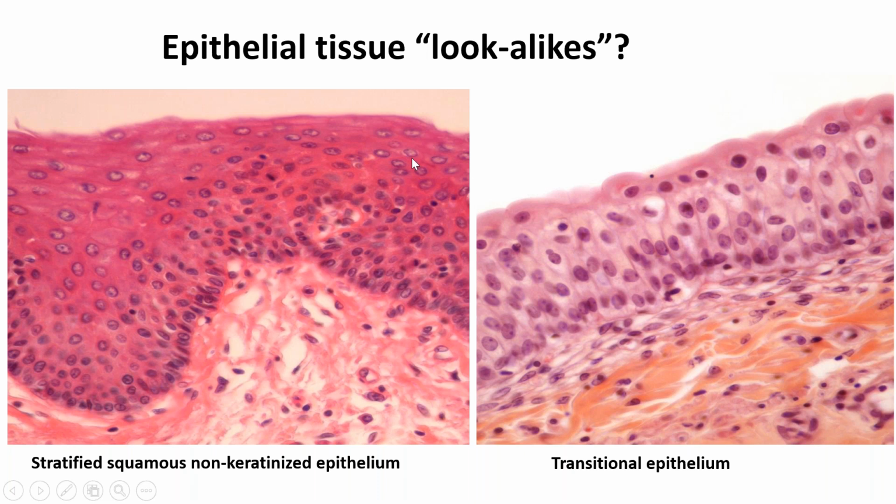And I refer you then back to the overall thickness of the stratified squamous non-keratinized epithelium. So these are two potential lookalikes, keeping in mind that transitional epithelium has these unique dome cells that we can clearly see when the bladder or the ureter or the urethra is non-distended, when it's relaxed.